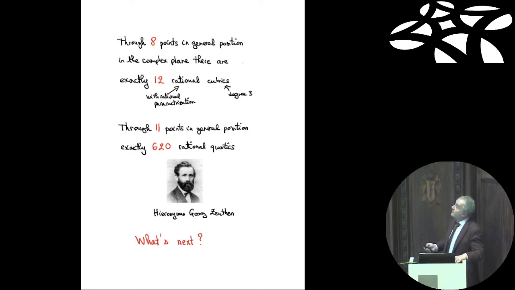Okay, so that's nice. And then it goes on. You take 11 points in general position, and you have exactly 620 rational quartics. This is due, if I'm not wrong, to Zeuthen, at the end of the 19th century.